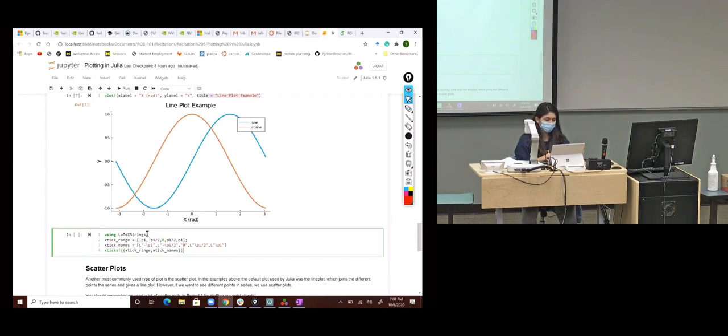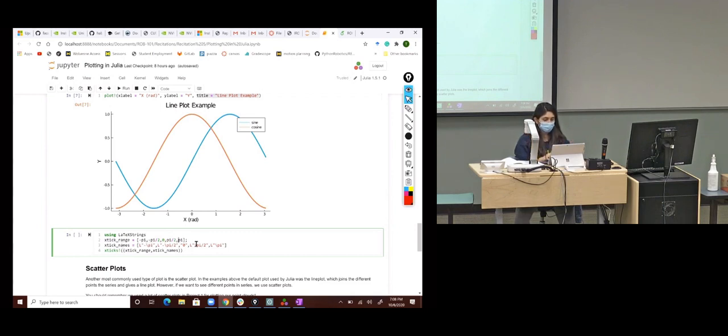I encourage you to go through the code. It's called using LaTeX strings, which lets me describe where to put these dots, where to mark my x-axis. I want to mark minus pi by 2, 0, pi by 2, and pi. That's how I want to divide my axis.